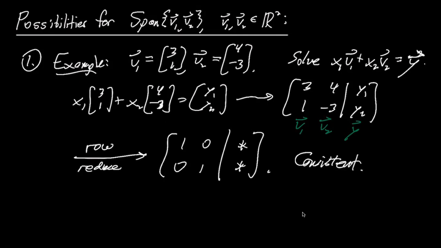Pivot in both rows, so we can solve this no matter what y1 and y2 are. It's consistent for all possible choices of y1 and y2.